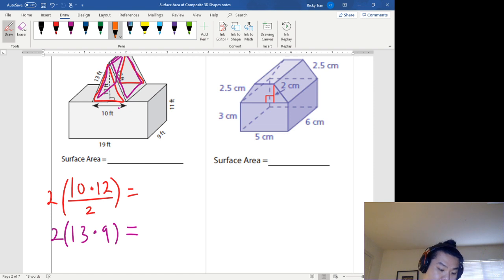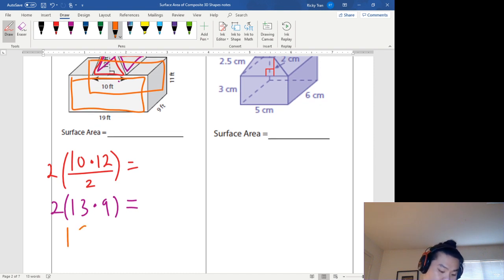Now we're going to find this front and the back, which is going to be 19 times 11. So 19 times 11, and again, there's two of those. Then we have these rectangles, which is 9 times 11. And again, there's two of those.